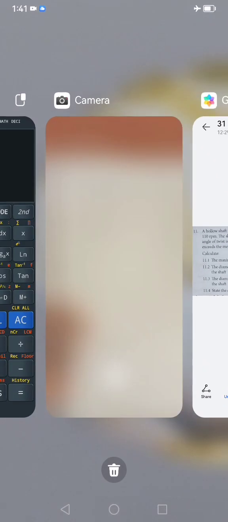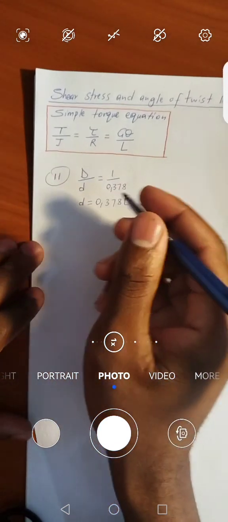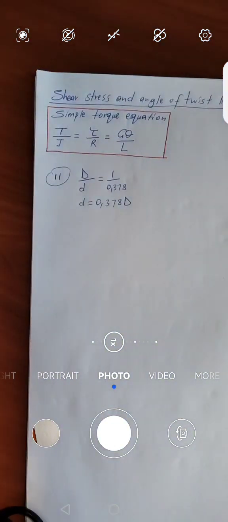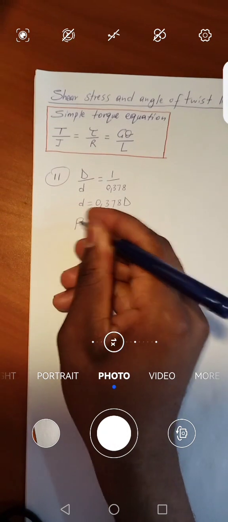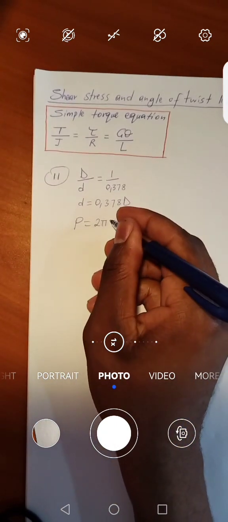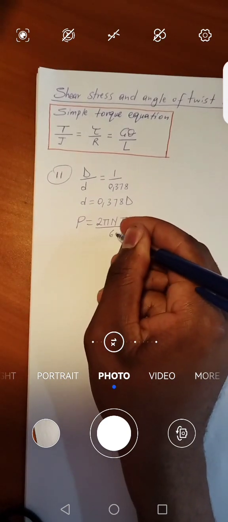Remember, they've given us power. Then power P equals 2 pi n T over 60.